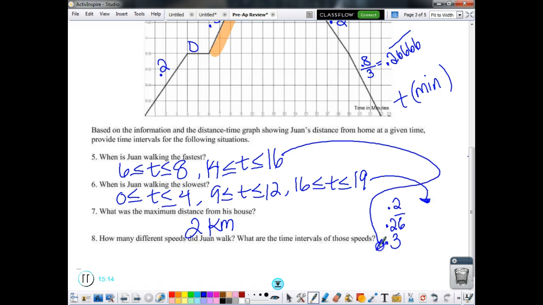This one down here. 0.26 would be from 19 to 22. That makes sense? Right, we already did the 0.2, that's the slowest. 0.3 is the fastest. So the only one we haven't done was the middle. What's the second one? 0.26, from 19 to 22. What's the last one? 0.3.